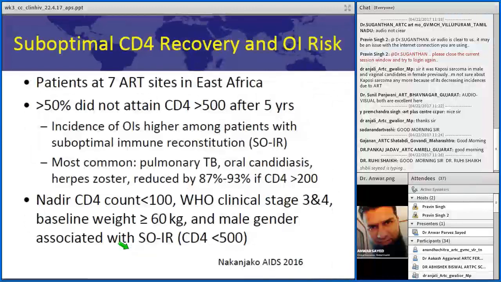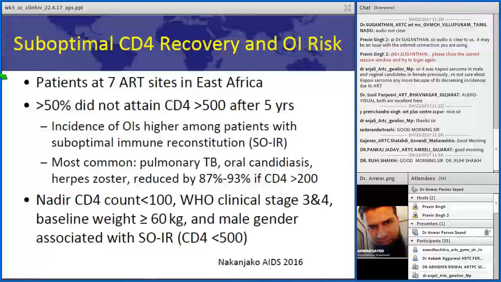Now people have compared suboptimal CD4 recovery and also the risk of opportunistic infections. This is one of the studies in East Africa in 7 ART sites, where more than 50% of patients did not attain a CD4 count of more than 500 even after 5 years.